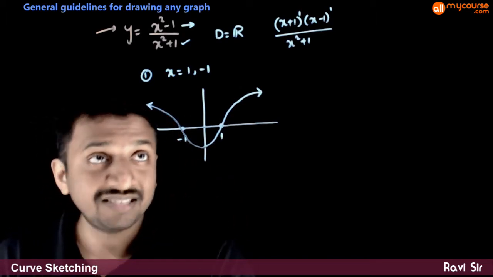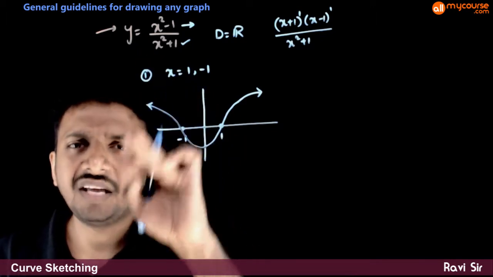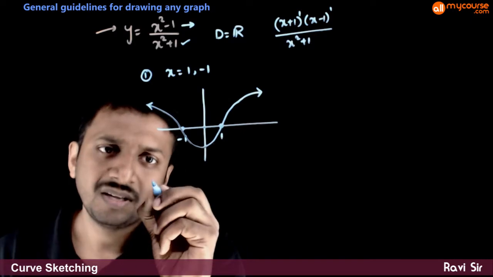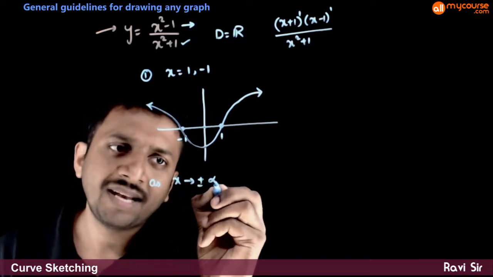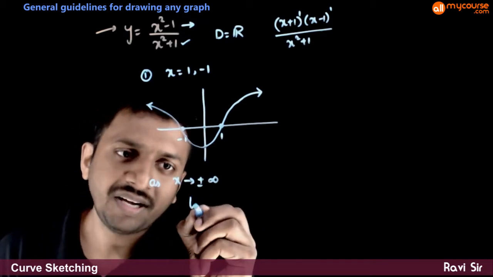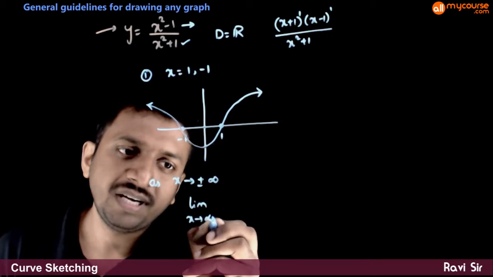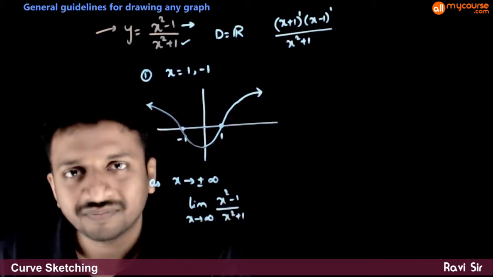The next stage is to understand what happens at x equals plus or minus infinity. As x tends to plus or minus infinity, where does y go? That is, the limit as x tends to infinity of (x² − 1)/(x² + 1).